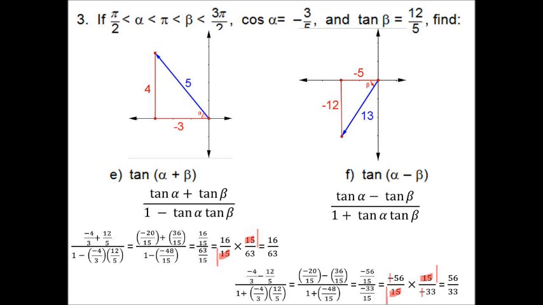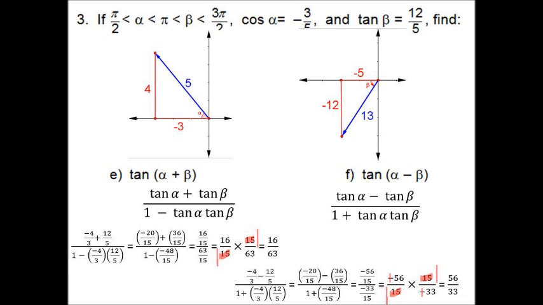We have a negative 4/3 plus 12/5 over 1 minus a negative 4/3 times 12/5 for this sum identity of tangent. If we go ahead and get common denominators and work that all out, we have negative 20 over 15 plus 36 over 15, all divided by 1 minus a negative 48 over 15. So our result would be 16 over 15, all divided by 63 over 15.